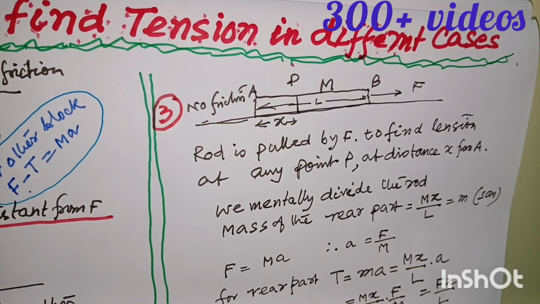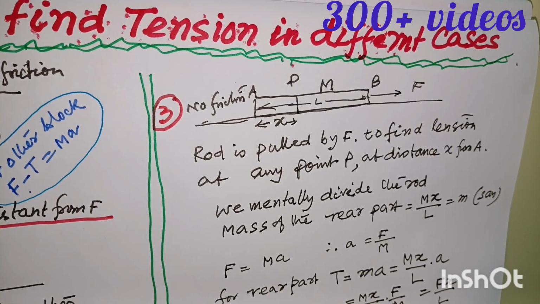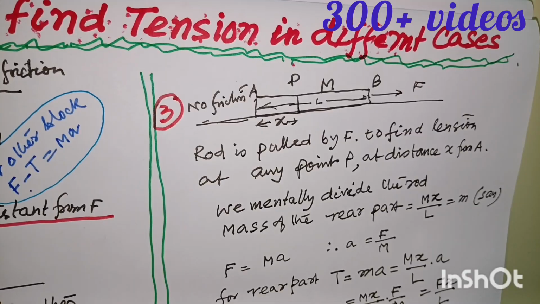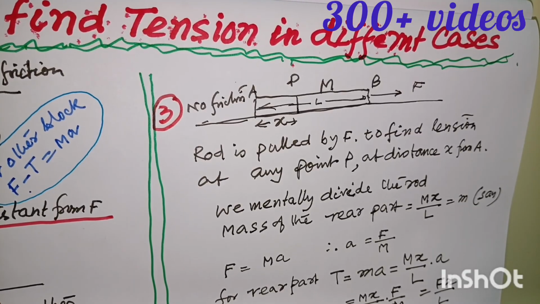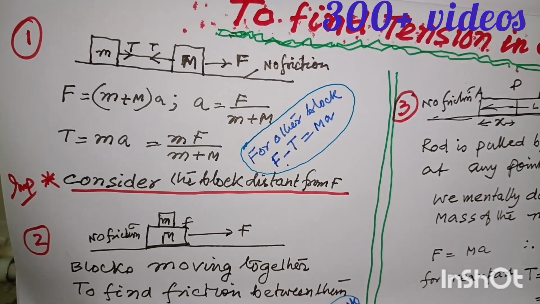One part backward of point P, another part in the front side of point P. Backward part, let us say its distance is x. So the forward part is distance L minus x. Now we can apply the same principle as we applied in the earlier two problems.